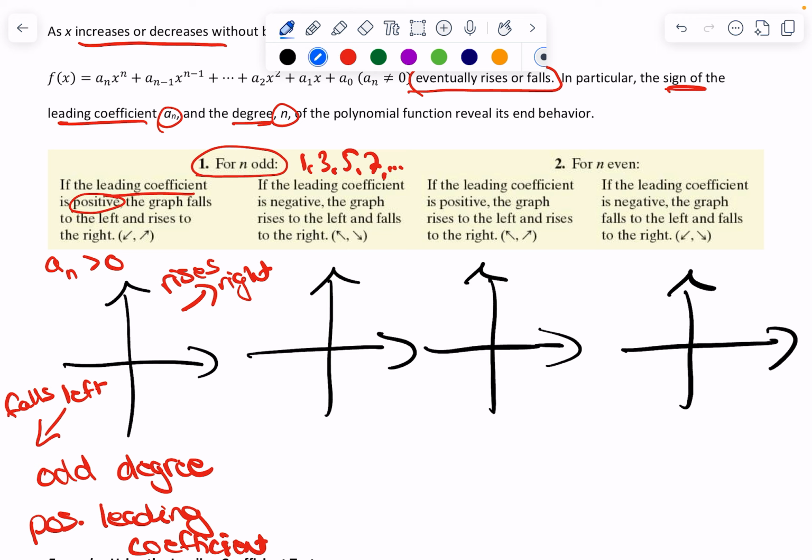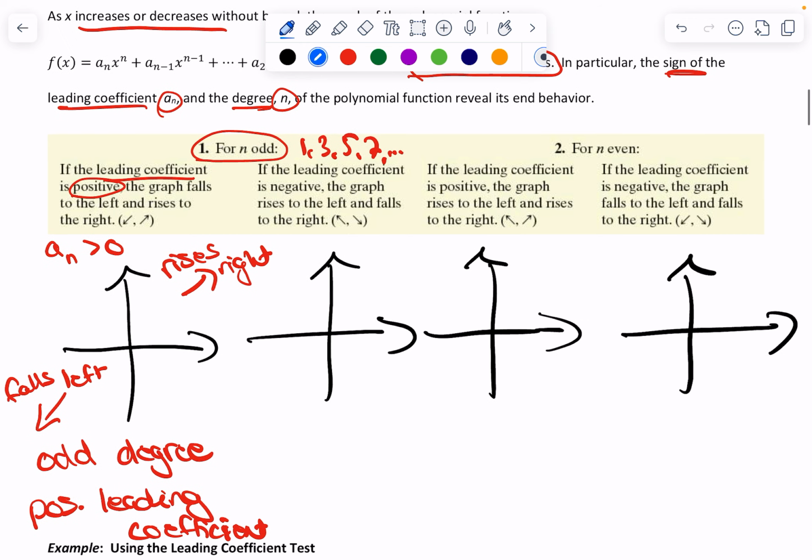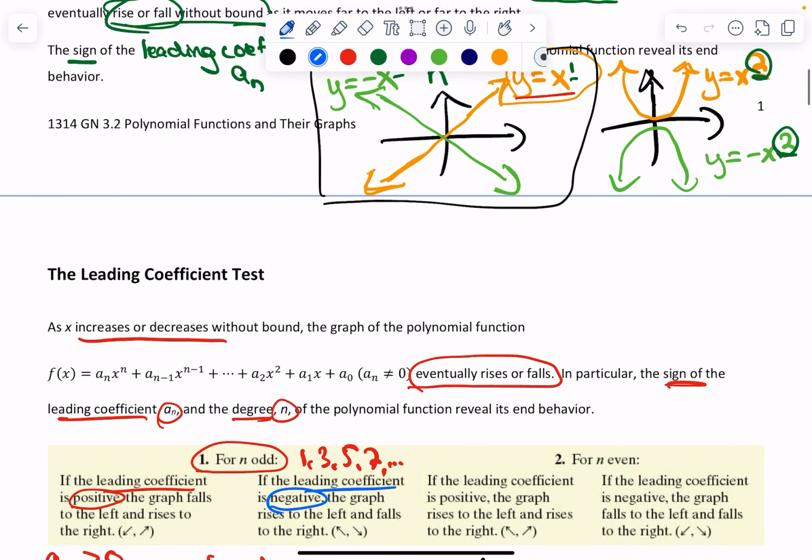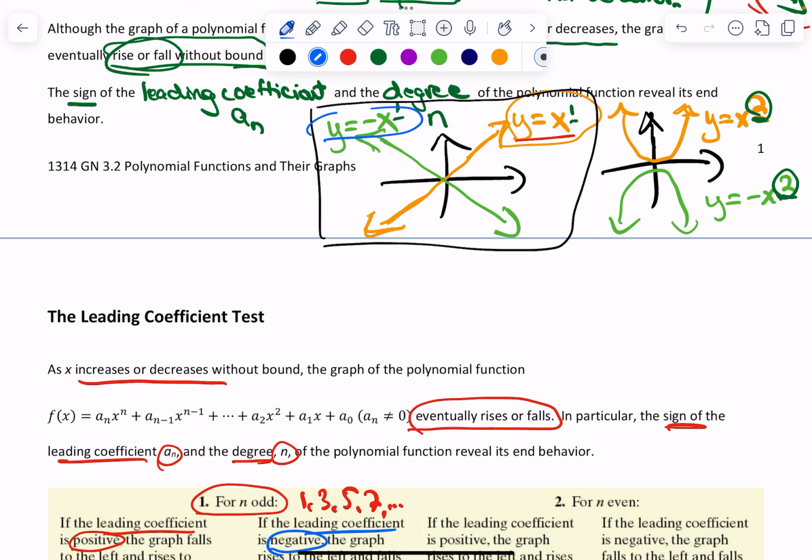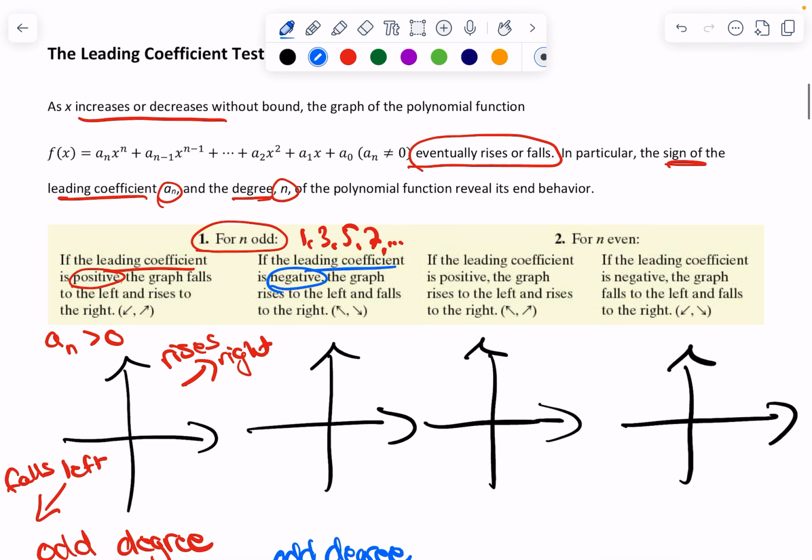Okay, next one, we're still talking about odd degree. That has not changed. What has changed is that the leading coefficient is negative now. So if we look at this one right here, what happened when the leading coefficient was negative with an odd degree, it rises to the left and falls to the right.